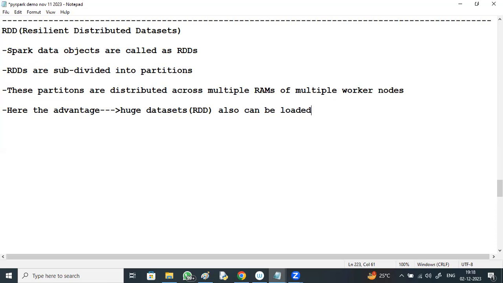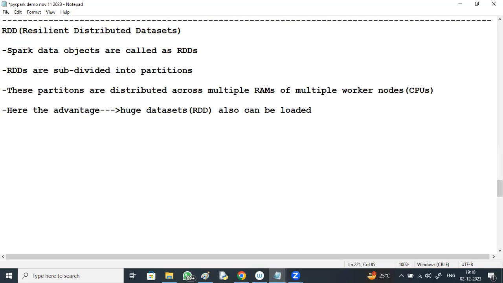One doubt, sir. These partitions are distributed across multiple RAMs of multiple workers. Do multiple RAMs mean multiple systems? Yes, worker nodes. Will this be executed in the cloud?